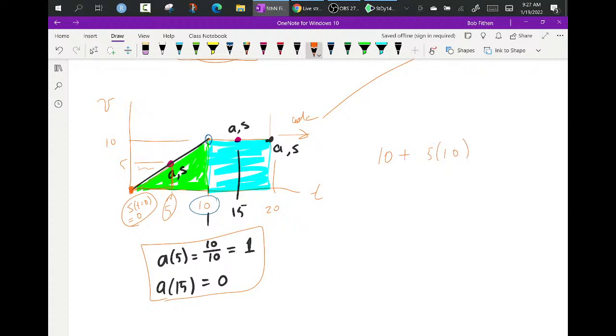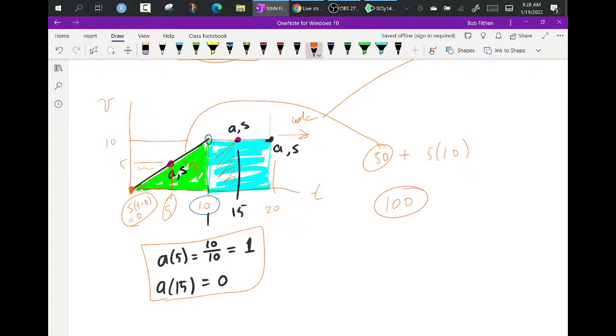I'm sorry, I said 100. This area right here is 50. I said 100, wrote 10, should have said 50 and wrote 50. Now, this area right here is 50 as well, so I've gone 100.